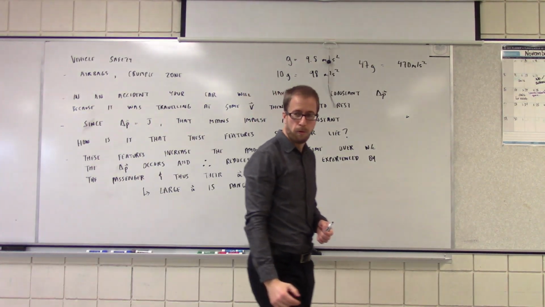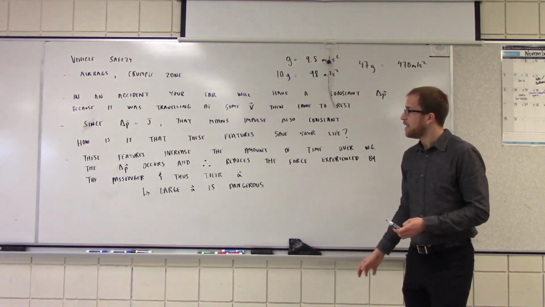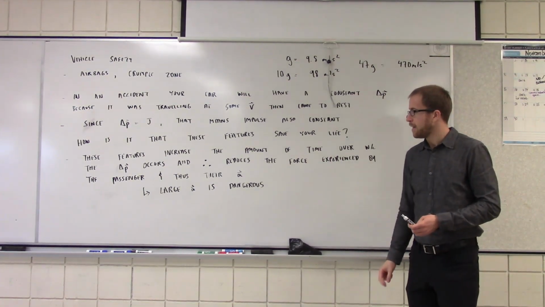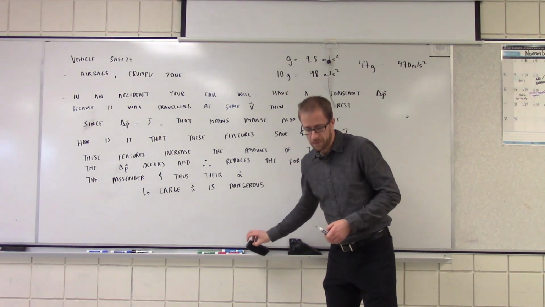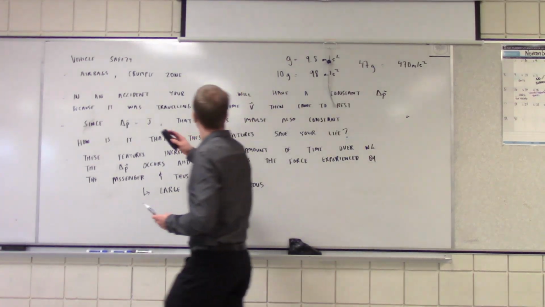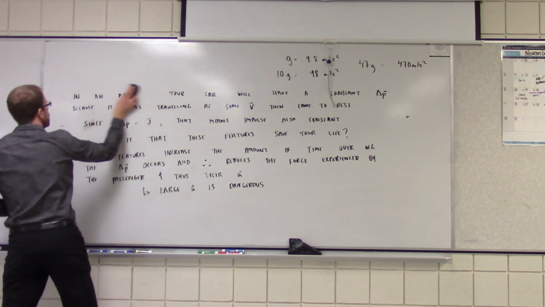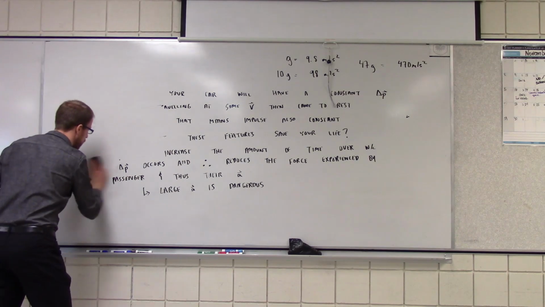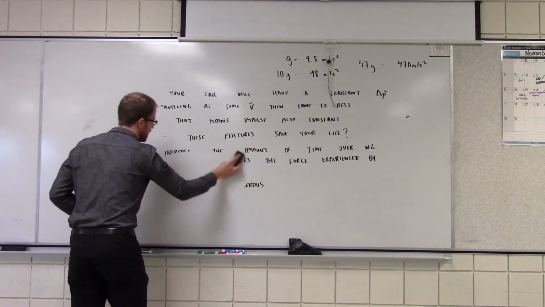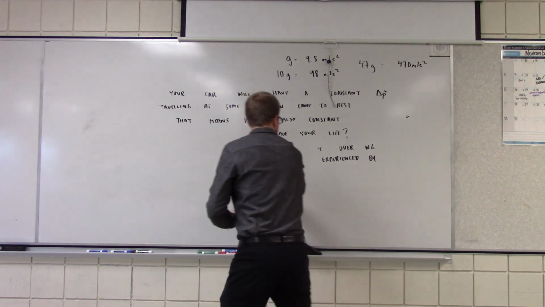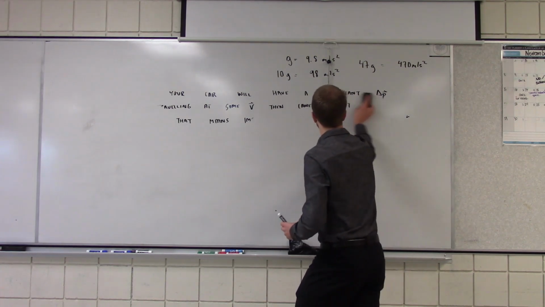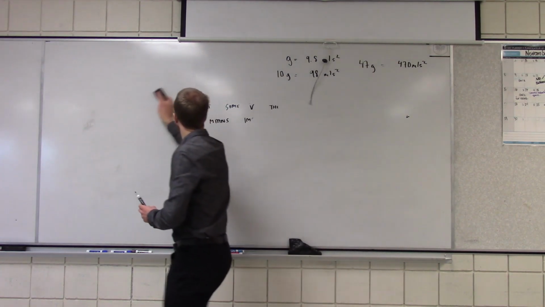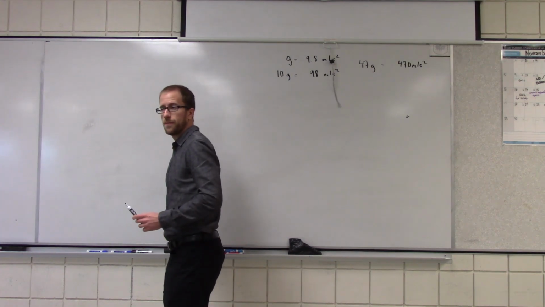So let's look at a practical example using everything we've learned today. This might melt your brains, so come back to it several times until you fully understand this relationship between momentum and impulse.